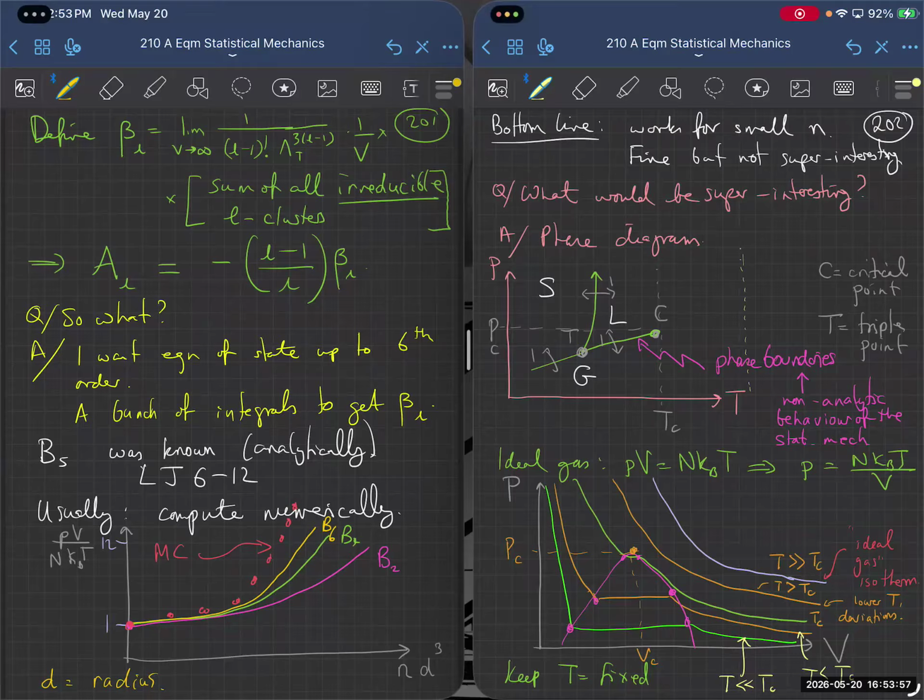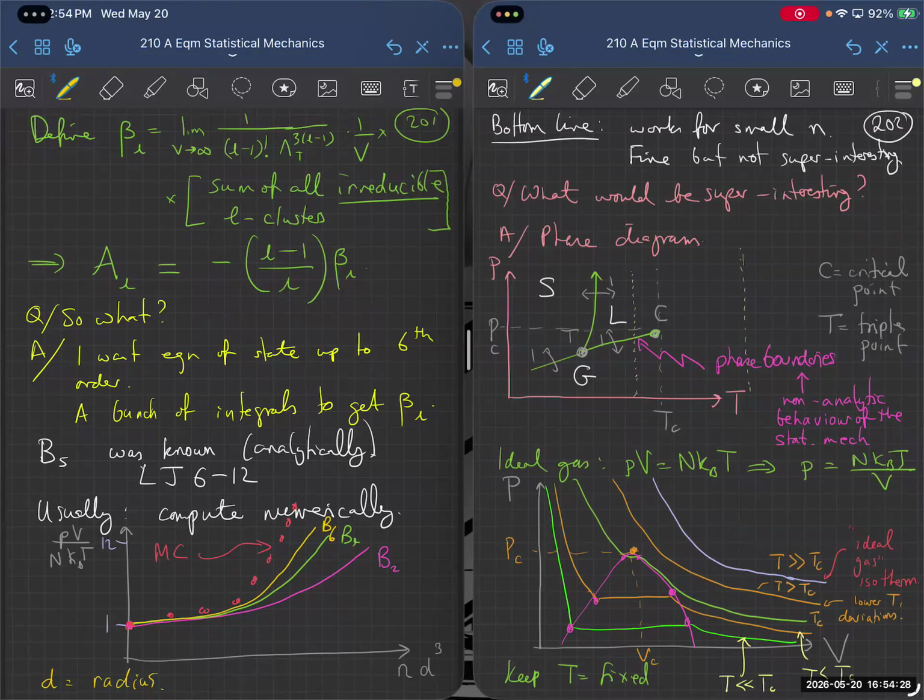What's happening is, as I compress the gas at constant temperature, first of all the gas pushes back and the pressure increases. Then as I push down even more, it goes through this phase diagram here.